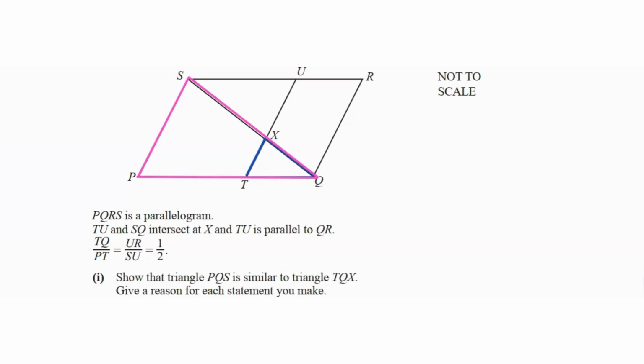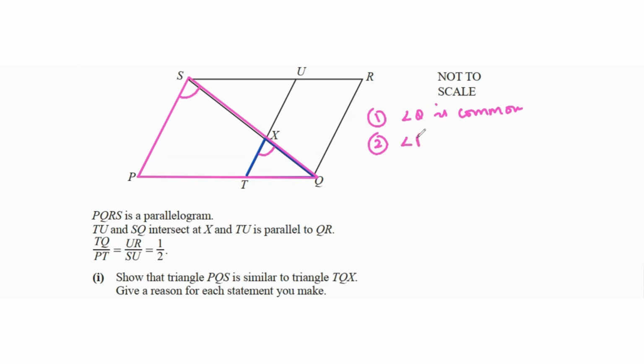Firstly, angle Q is common. First reason. Second reason is that since we're dealing with parallel lines, this angle and this angle are corresponding angles.